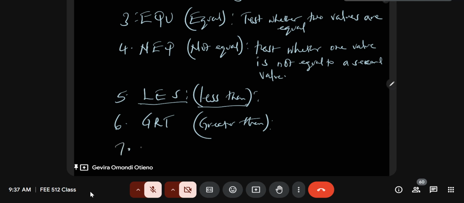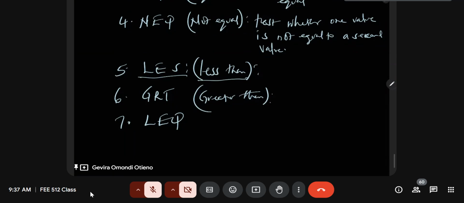Then we have less than or equal to. Less than or equal to is just LEQ. So you'll notice we use a 3-letter abbreviation for all this. If you've noticed, all our data manipulation instructions have a 3-letter abbreviation. So LEQ. So don't show up with your 4-letter abbreviation.